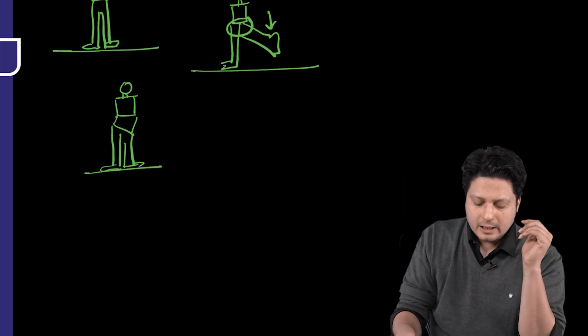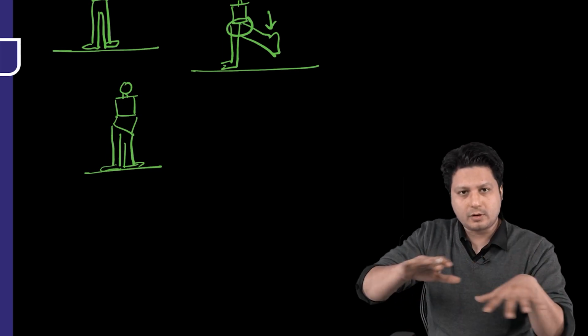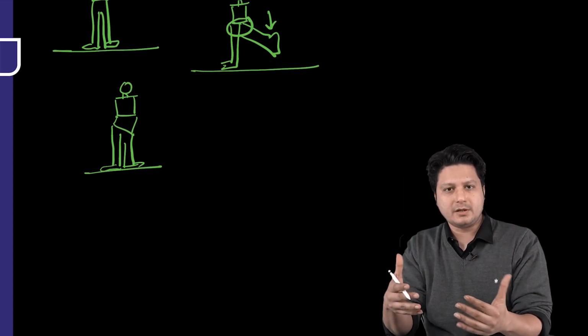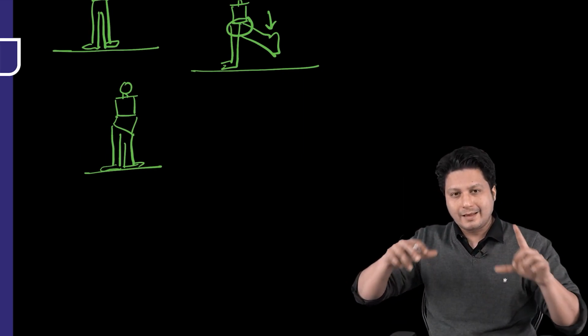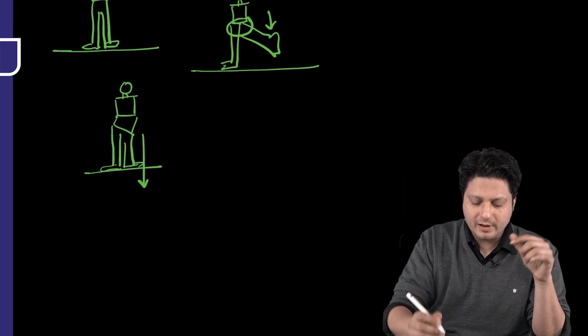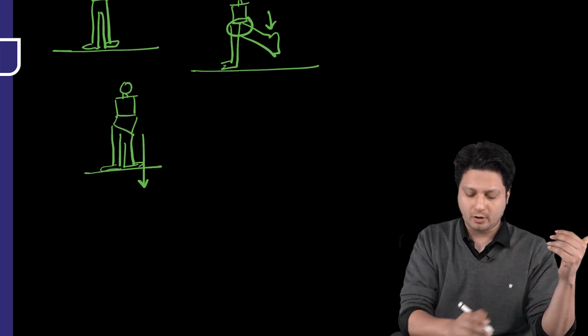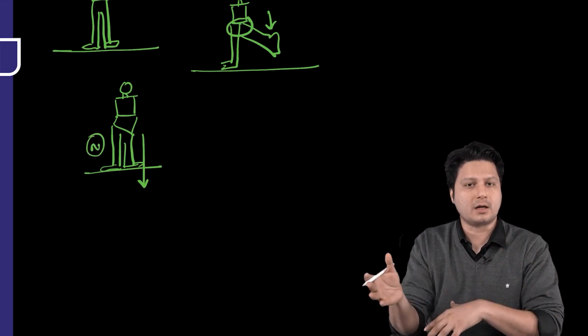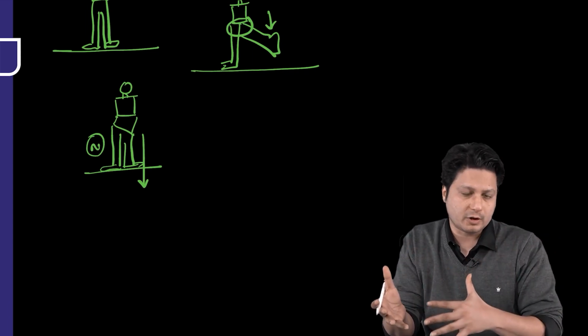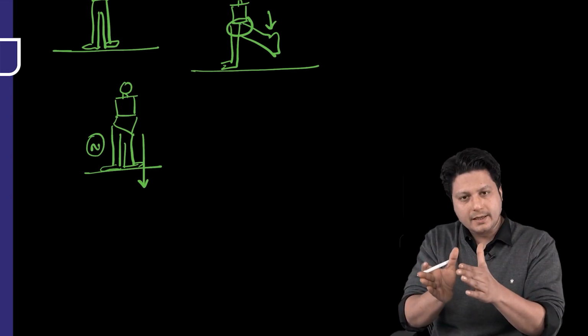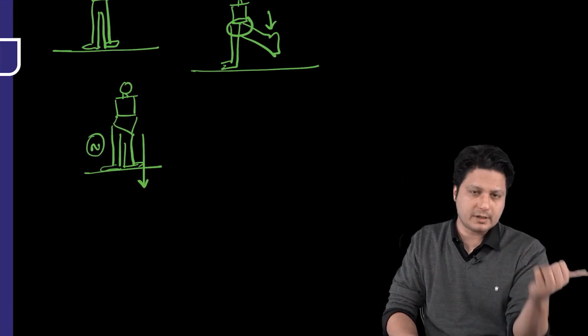Now, imagine such a patient who is lying supine on couch. When you are examining the patient lying supine on couch, then the length of the affected limb will appear longer compared to the normal limb. Now, what are the reasons for that? Because of the compensatory down tilting of the pelvis on the affected side.